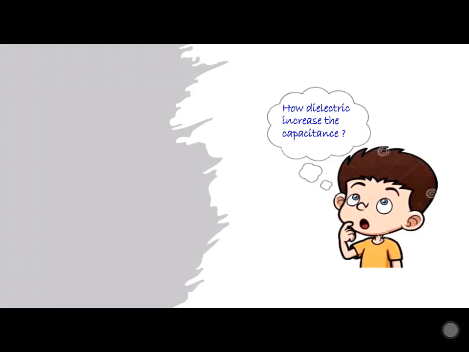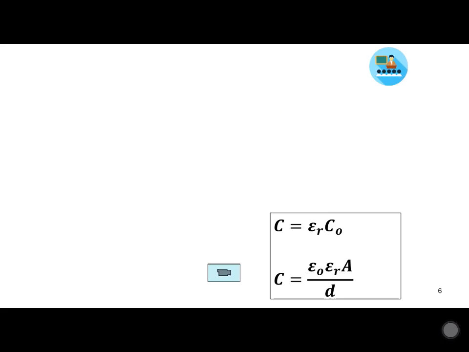So how does this dielectric increase the capacitance? How does it help us? Let's look at the equation C equals epsilon r C naught.